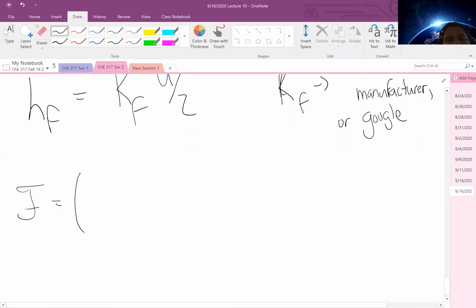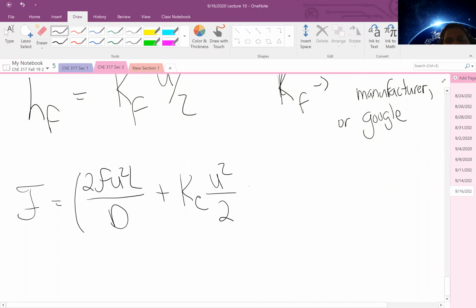And so what you'll notice is that each of these is directly related to the kinetic energy that exists within our system.